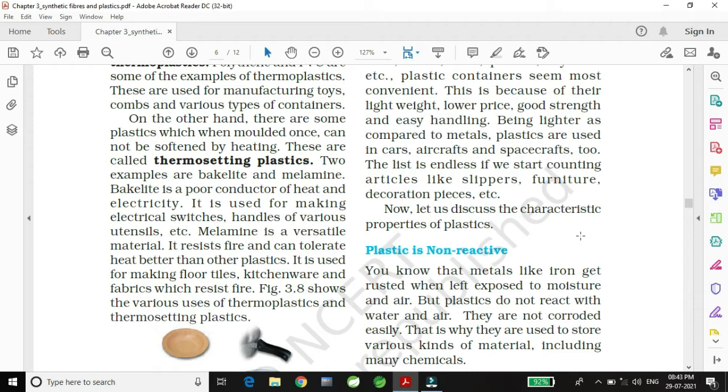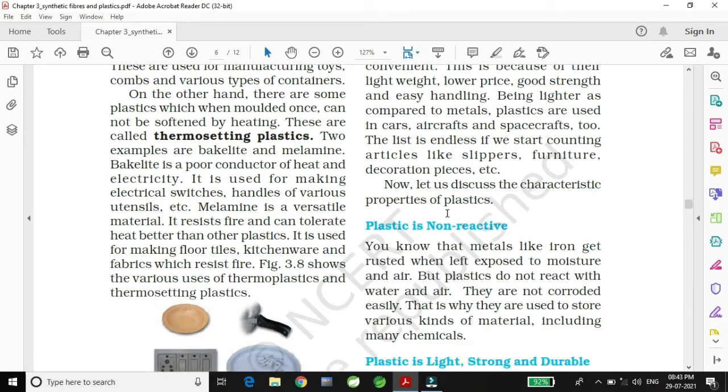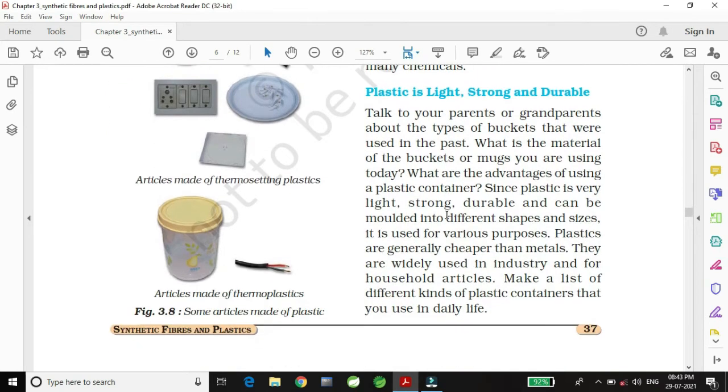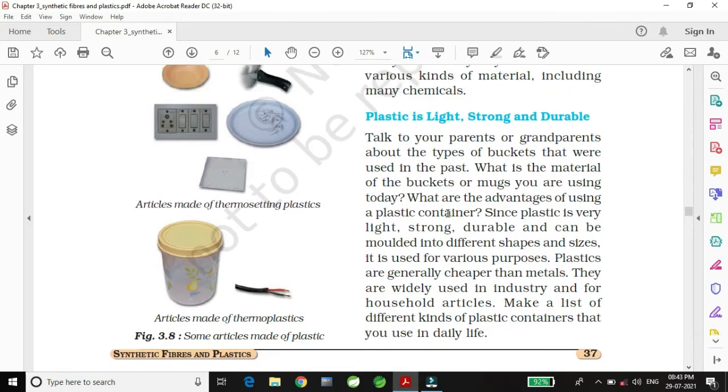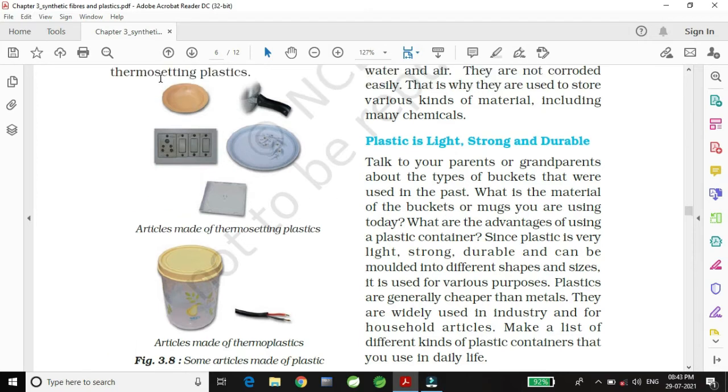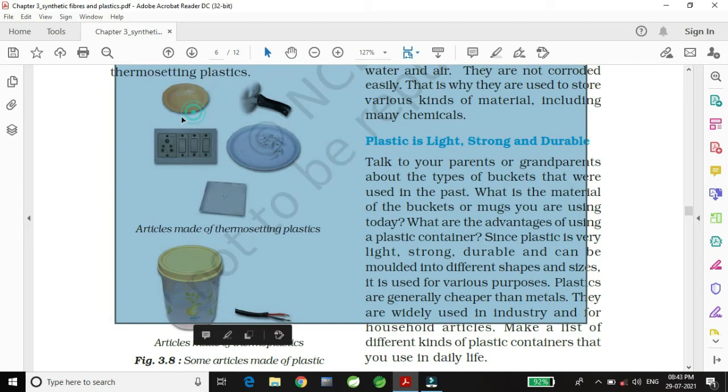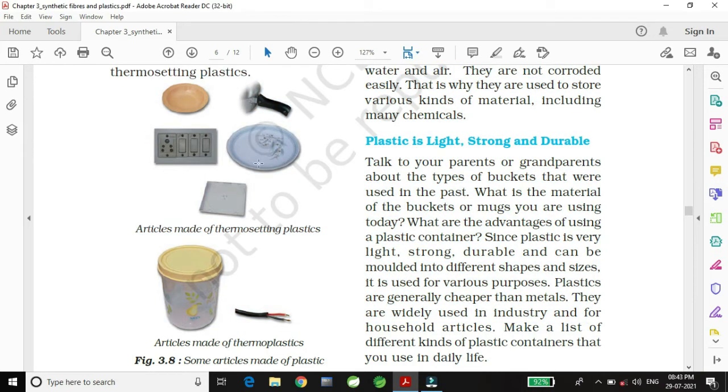Figure 3.8 shows the various uses of thermoplastics and thermosetting plastics. Here are some examples of thermosetting plastic: a switchboard, the handle of a cooker, a plate, and a cup plate.